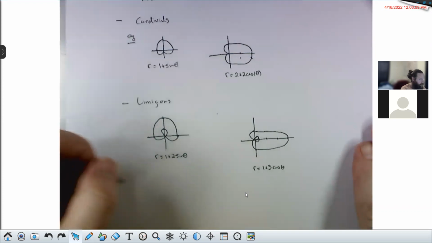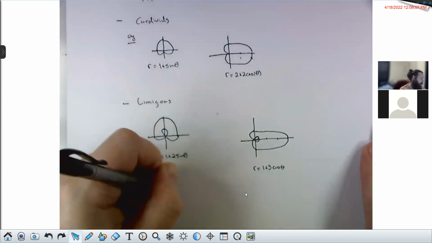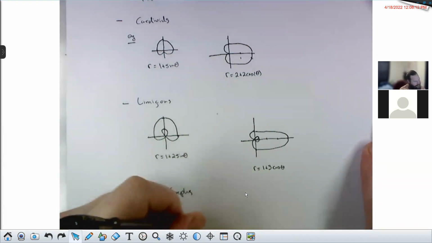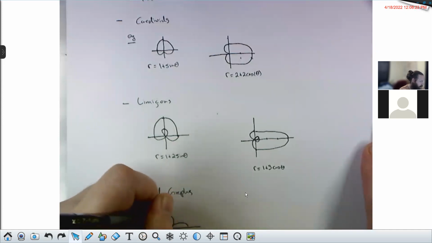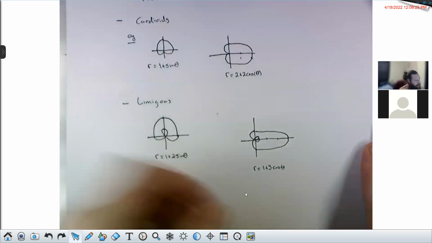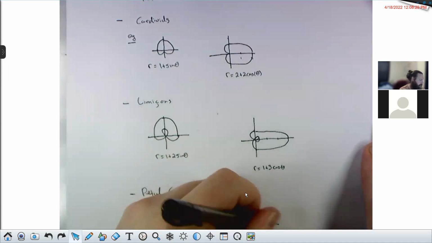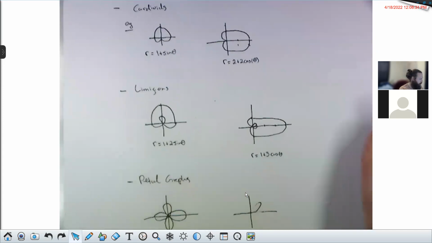And then finally your petal graphs. And those end up looking like we saw. This sort of stuff. The sine ones are offset a little bit. So they look like, okay, spins down.